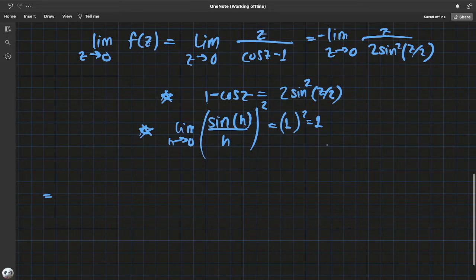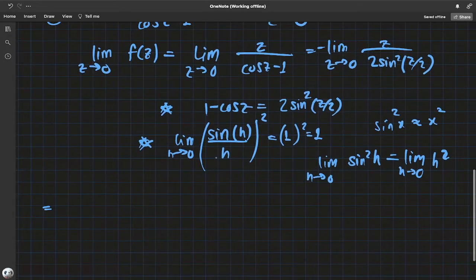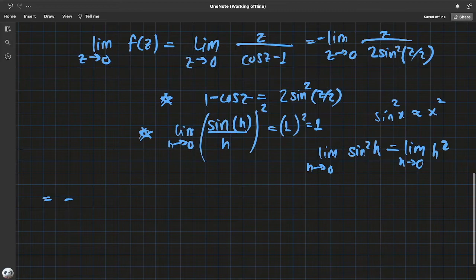In the limit that h goes to 0, sine squared h is approximately h squared. This is actually bad notation, unhealthy, but I'm just saying that just the way sine x can be approximated as x for small x, sine squared x can be approximated as x squared for small x. That's exactly what I'm doing here, and this is valid even mathematically because we are taking the limit anyways.